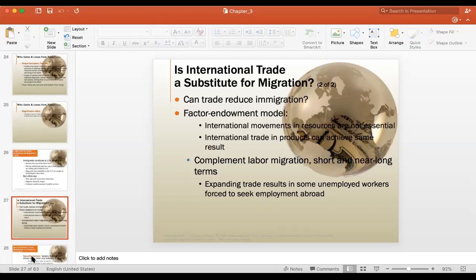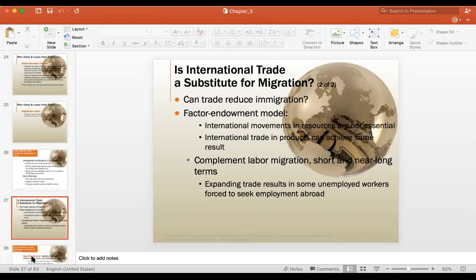So it makes sense for Mexican workers to migrate to the US looking for jobs. What we're saying here is if trade is taking place according to the HO model and the Ricardo model, then there is no reason for workers from Mexico to migrate to the US.